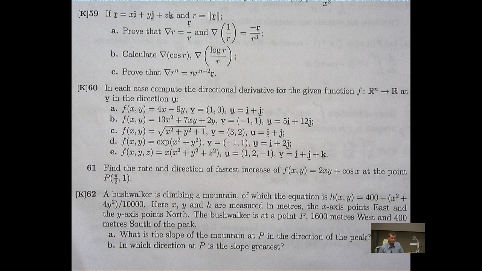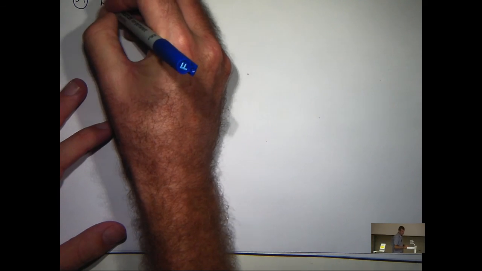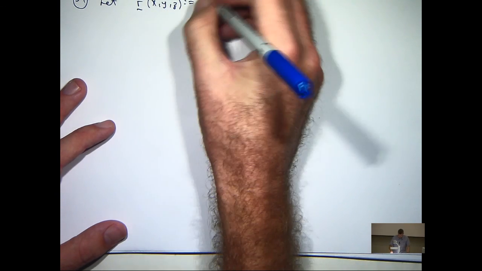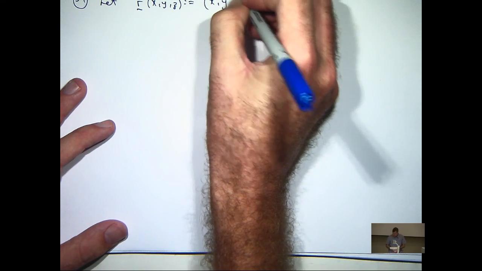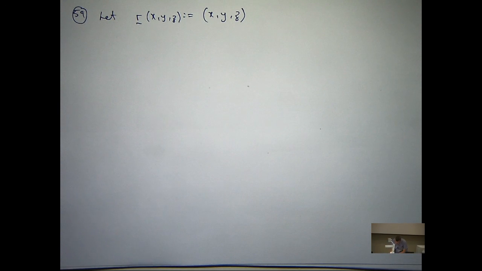So we have defined a vector function by the following. So we've got this vector function R, which is just the position vector, basically, of any point in space.